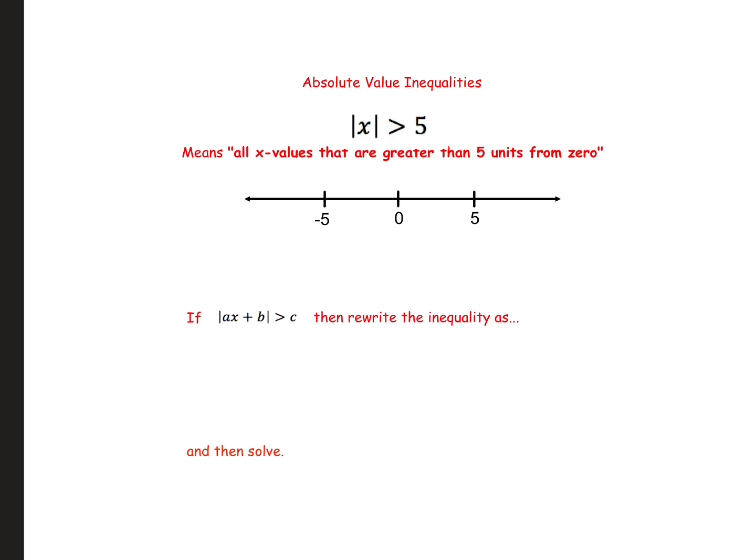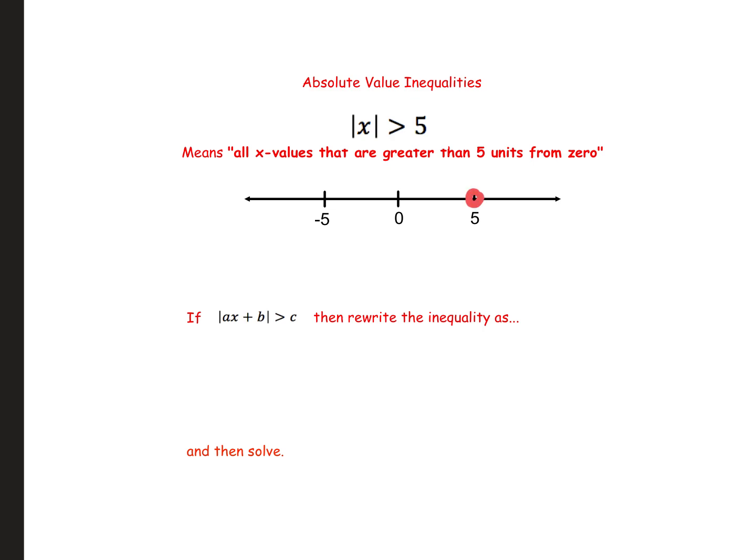Okay, with the second one then, again, we're talking about the two possibilities, the less than symbols versus the greater than symbols. And so if I look at this one here, kind of how we examined the first one, if I'm looking at this as the absolute value of x is greater than 5, that means the distance x is from 0 has to be more than 5 units away.